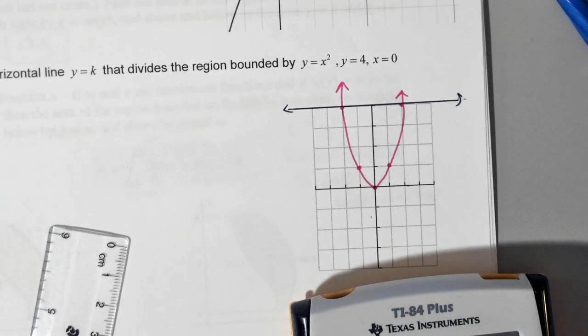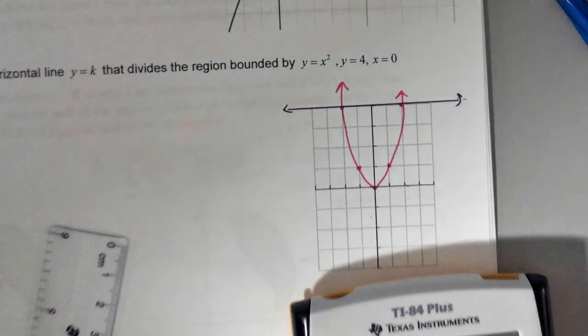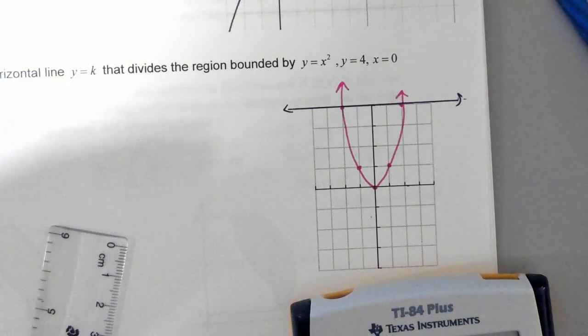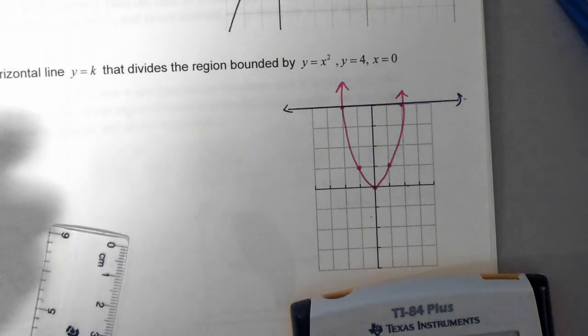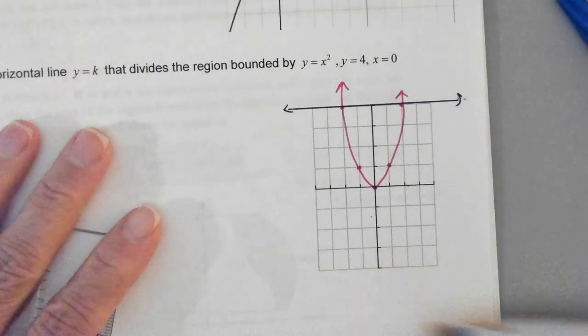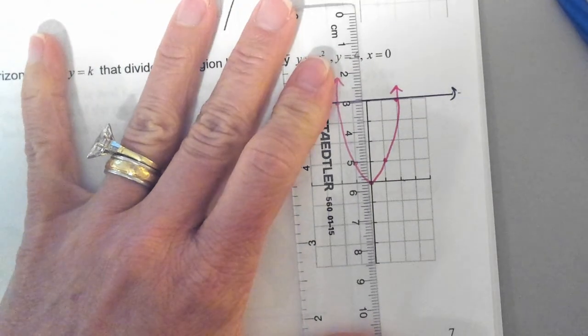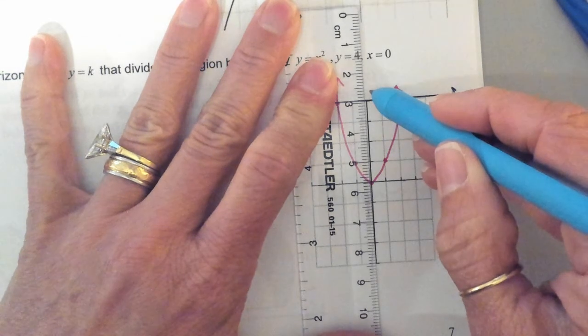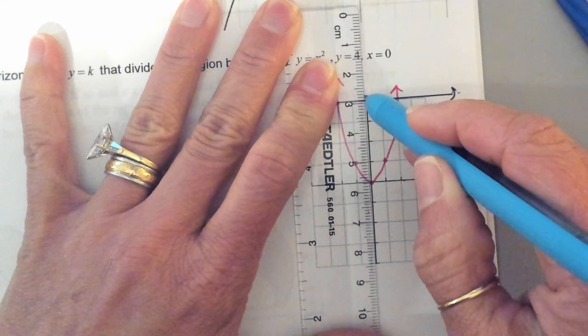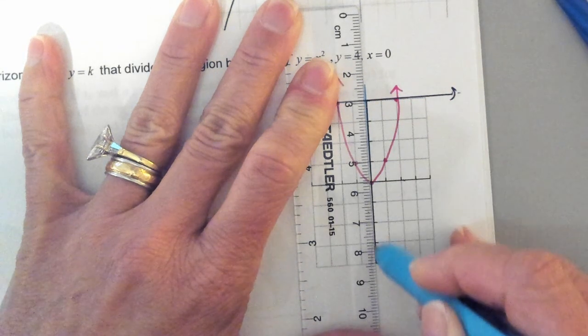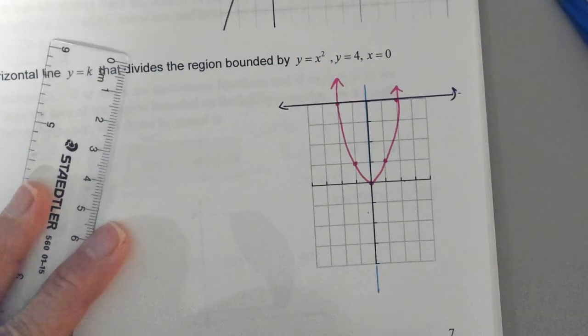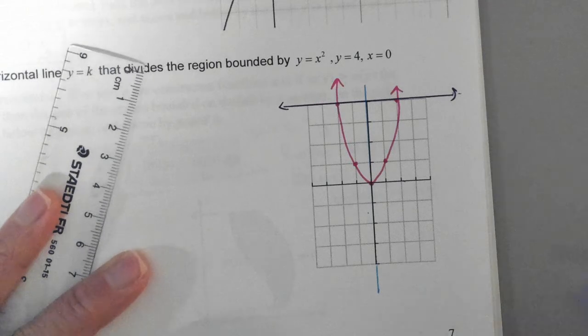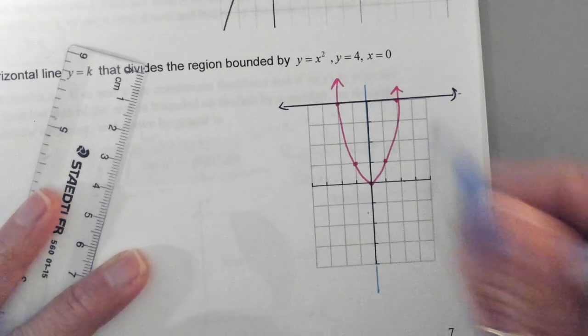And then it says x equals 0. What is that? Oh, it's the y-axis, so it's right here. So we are bounded here, here, and here.